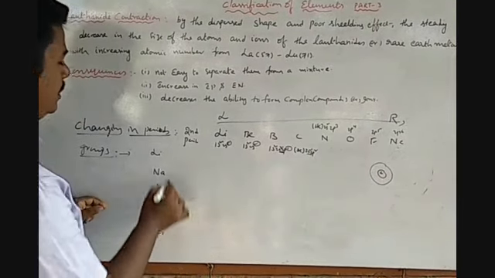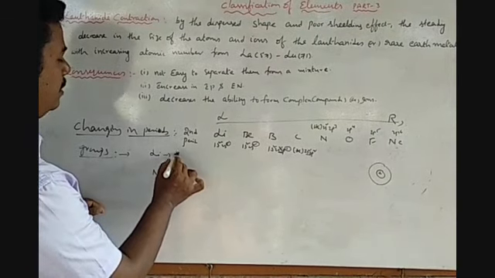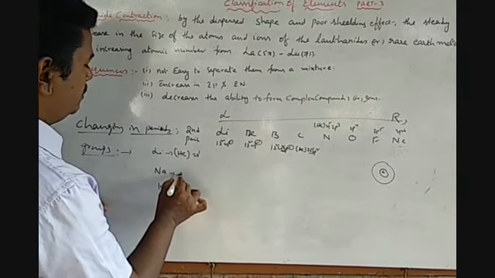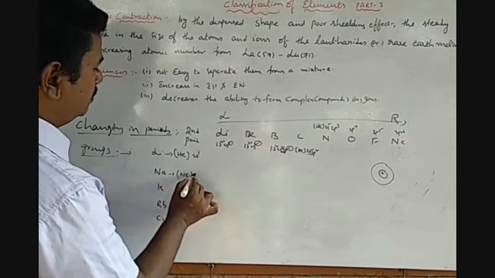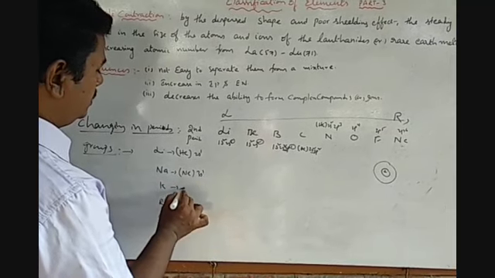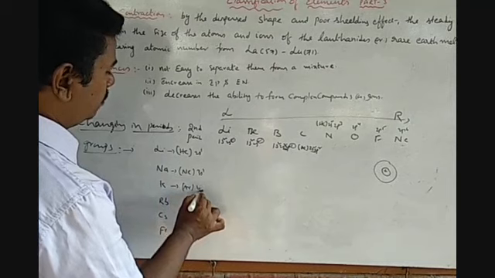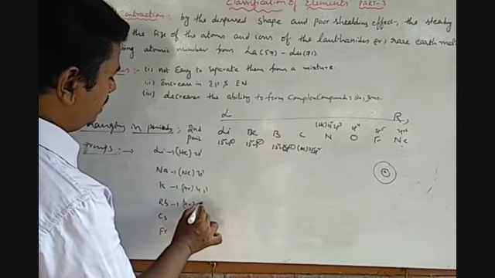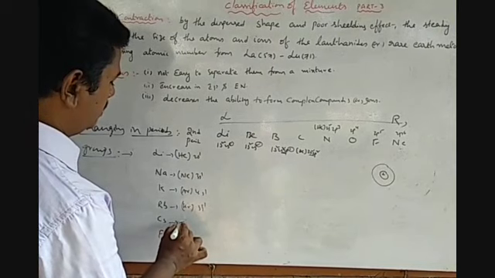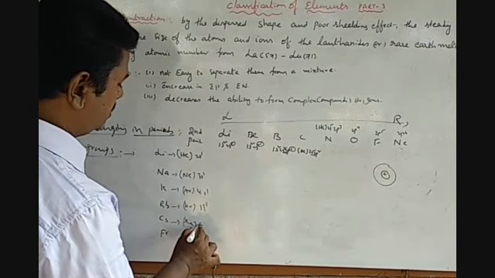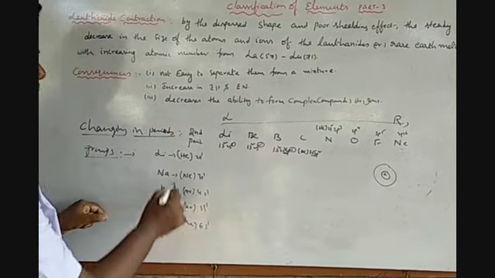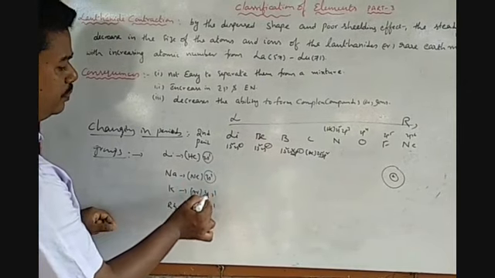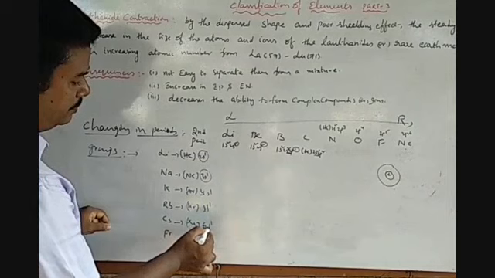Here the electronic configuration is helium 2s1, this one is neon 3s1, this one is argon 4s1, this one is krypton 5s1, this one is xenon 6s1. Observe that every newly entered electron goes into a different orbit.